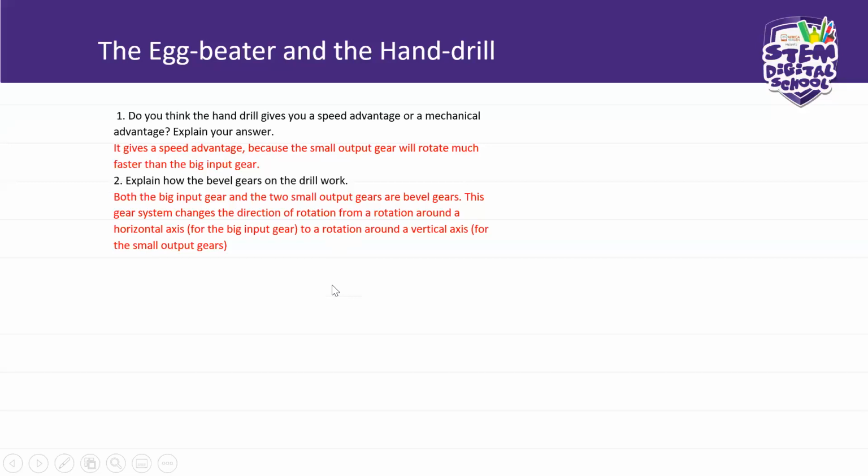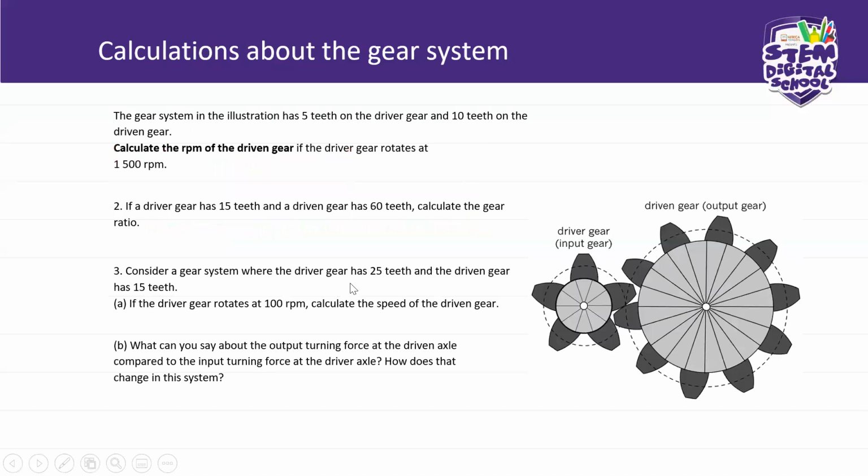It's about gear systems. The gear systems in the illustration has 5 teeth, and like we explained, is the same gears. Calculate the revs per minute of the driven gear if the driver gear rotates at 1,500 revs per minute. Okay, this one has 5 teeth, and this other one has 10 teeth.